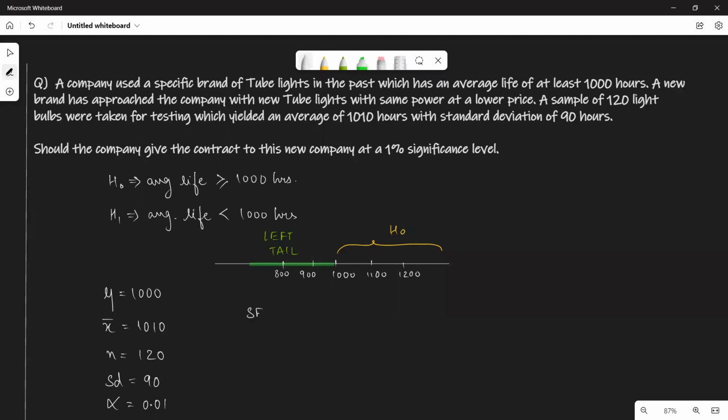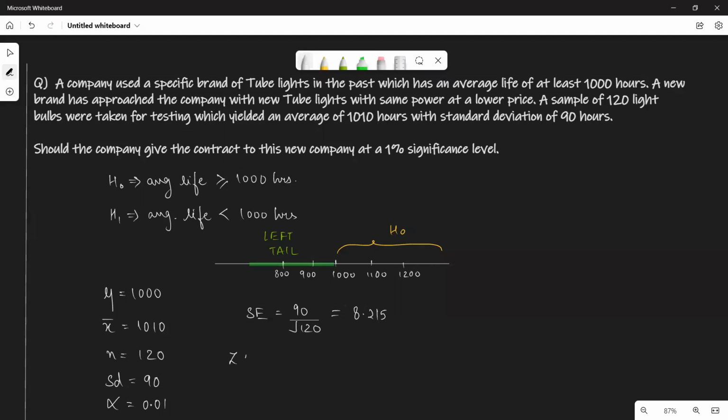So standard error for us is nothing but 90 divided by under root of 120. Under root of 120 is 8 point something. How much is this standard error value? 8.215. Okay, so standard error is 8.215.